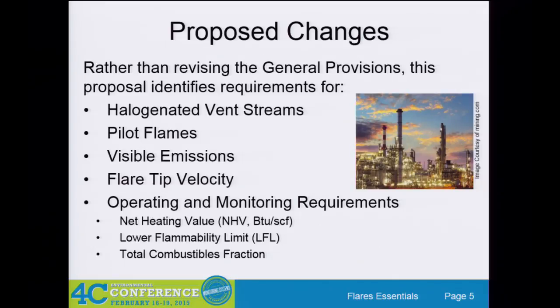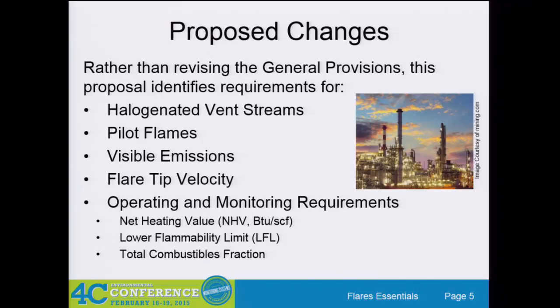They've made some rules on halogenated vent streams, added new requirements on pilot flames, visible emissions, flare tip velocity. These are all those same things that we've had out of 60.18, but they're doing something a little different with this. They are kind of, what I like to say, decoupling MACT EC from the general provisions.